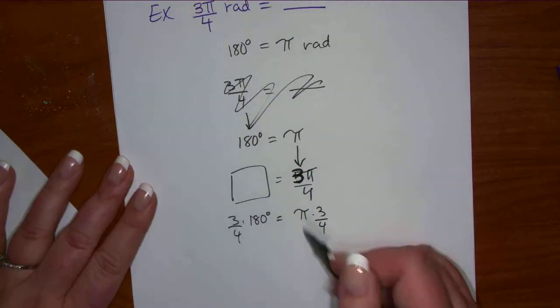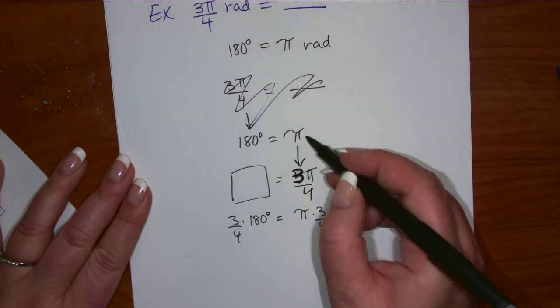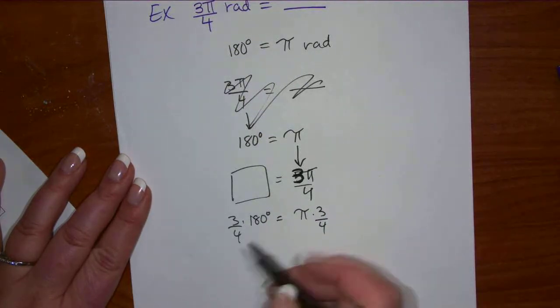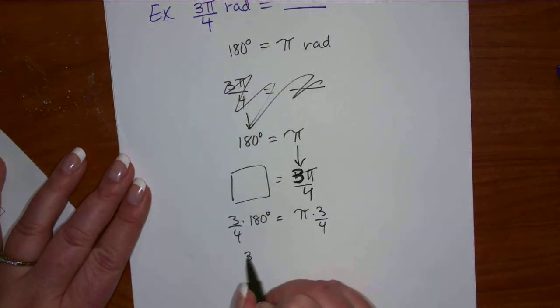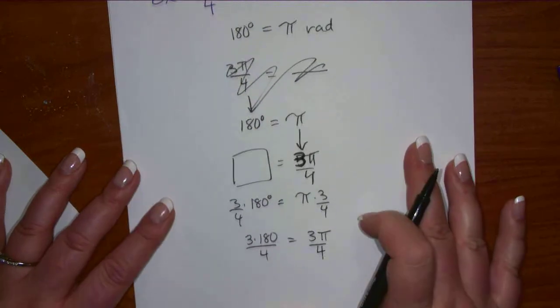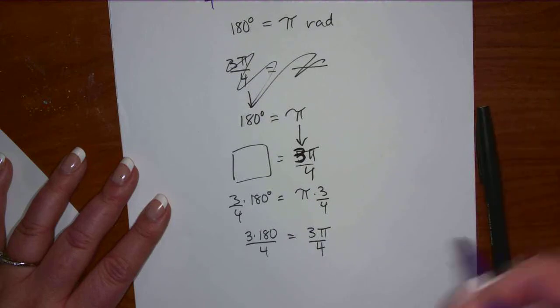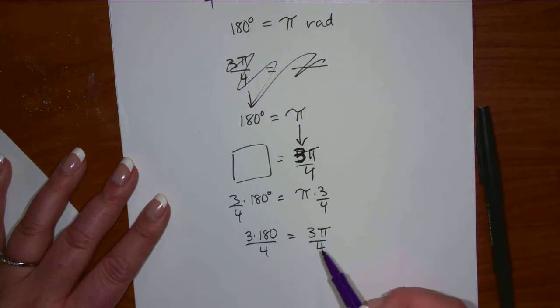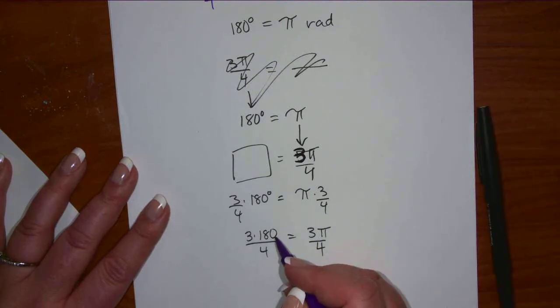So we wanted a 3 and a 4 with the pi here, so we multiply both sides by 3 over 4. So now I need to figure out what 3 times 180 divided by 4 is. So what can we cancel? The 4 can go into 180.